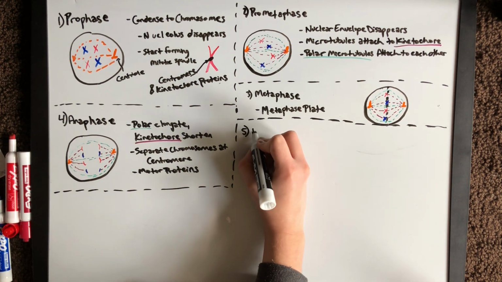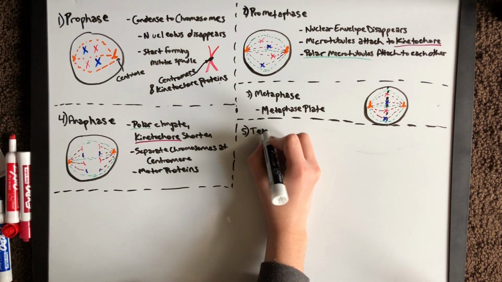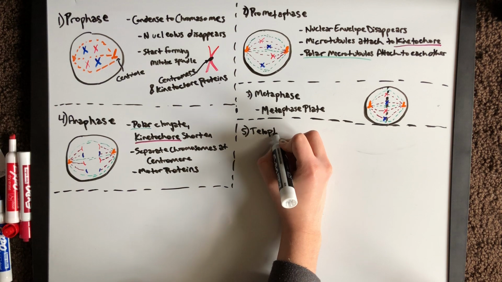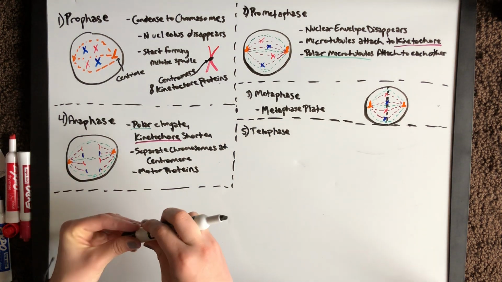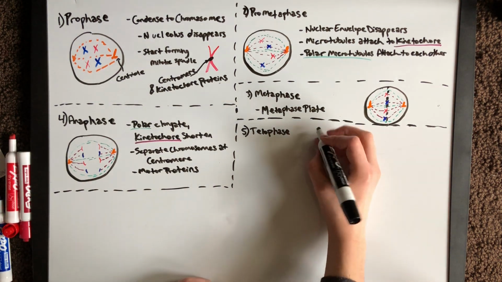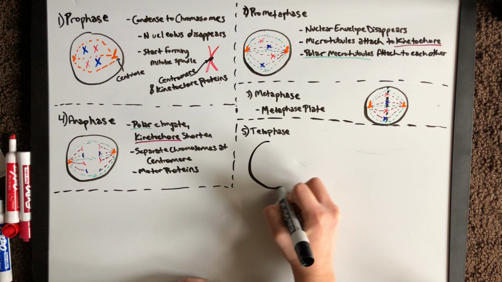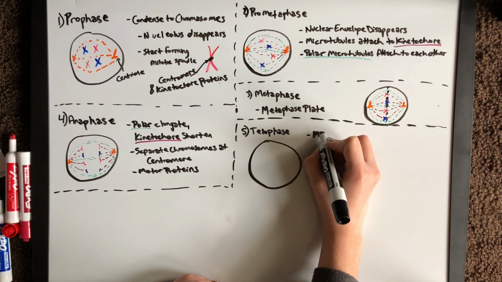Telophase is our last phase of mitosis. But remember, we still have cytokinesis after, which technically is not part of mitosis. So in telophase, our mitotic spindle is going to disassemble, so it goes away.